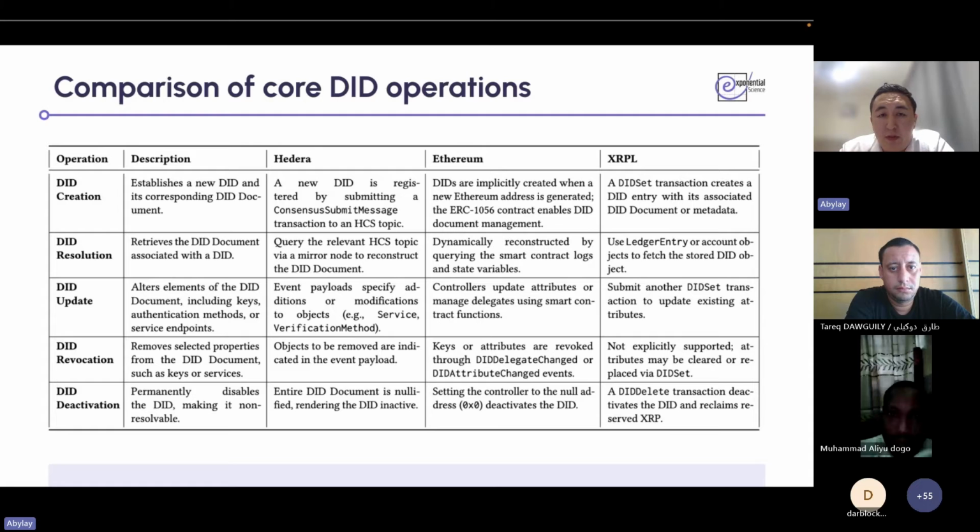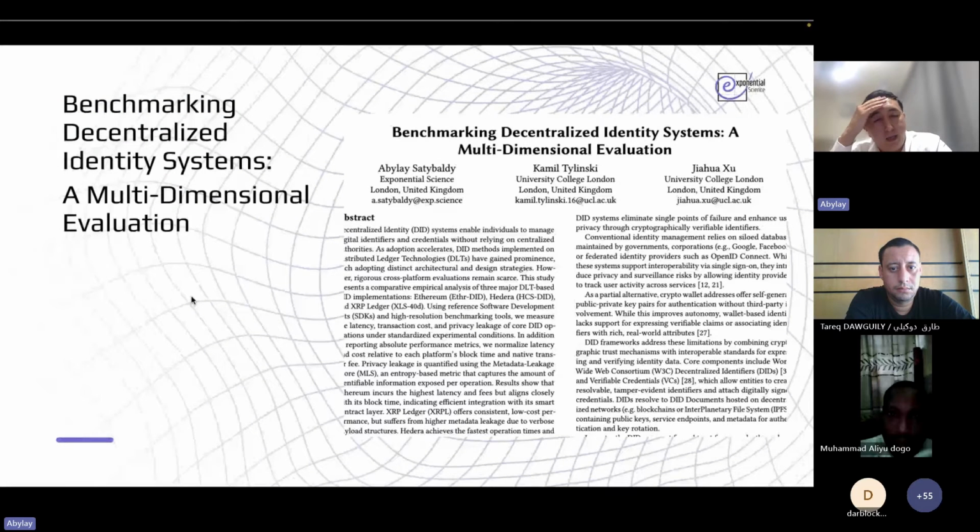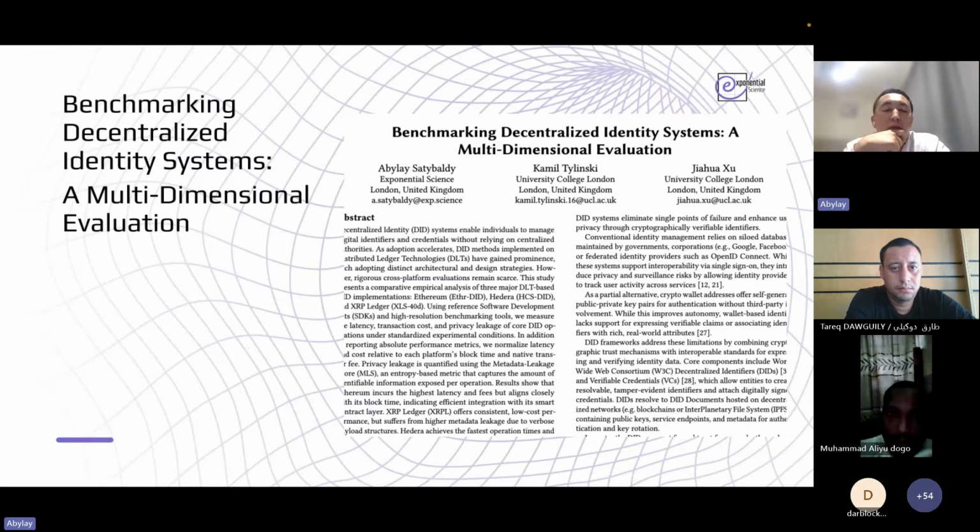Yeah, so let's go. In this part, I would like to introduce some recent work by me and Camille and Java from University College London and Exponential Science. We have built a benchmarking framework for decentralized identity systems, which evaluates these DID systems.